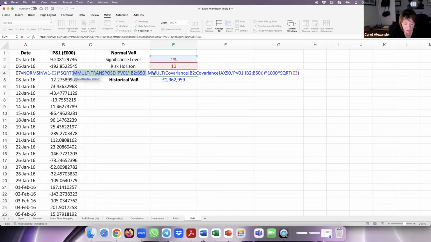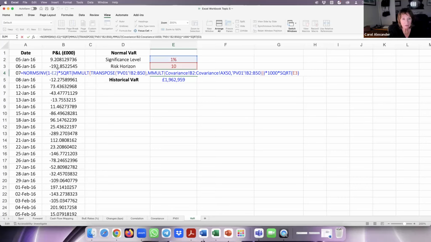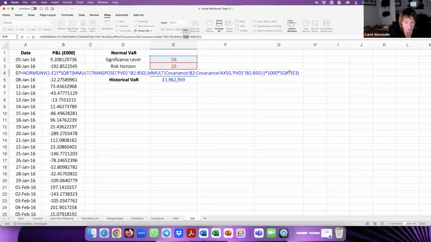Take the square root, multiply by the norm.s.inv of whatever our significance level, that's in E2, use the square root of time rule, remembering this 1000 comes in here because the PVO1 vector was in 1000 pounds, not dollars. Okay, so the square root of E3 is the square root of time rule, and 1000 gives you the right answer in pounds.